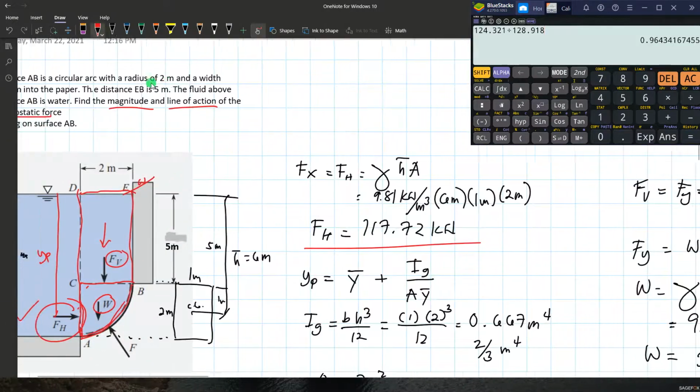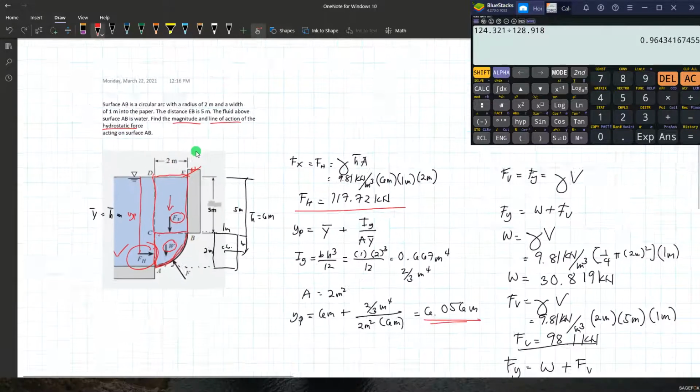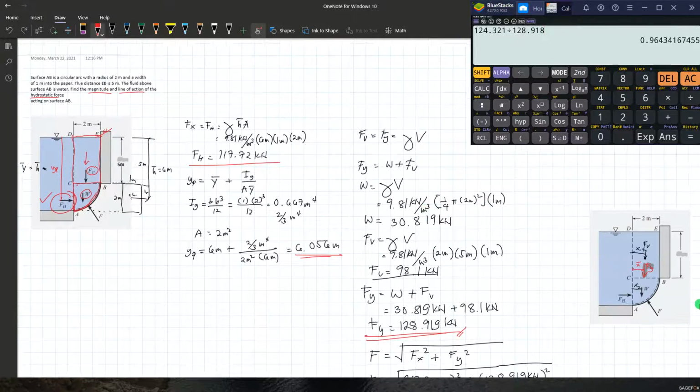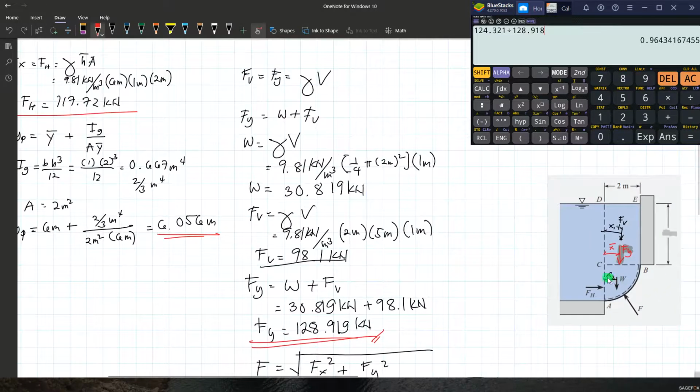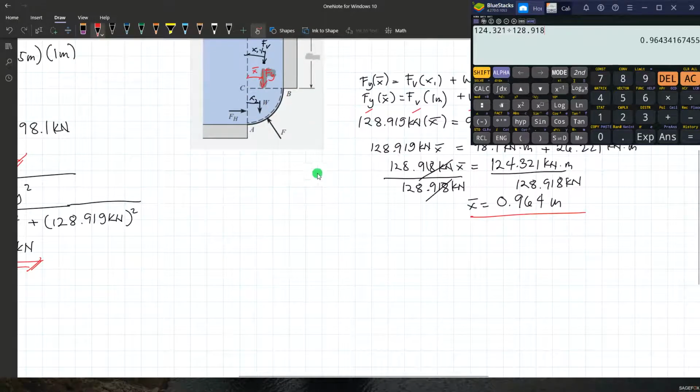So for the line of action of the hydrostatic force, we can also solve that by determining the angle formed by the vertical force and the horizontal force. So the line of action, let's say we have located now the resultant force.